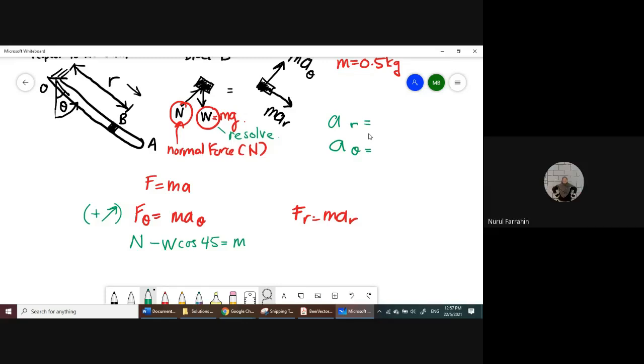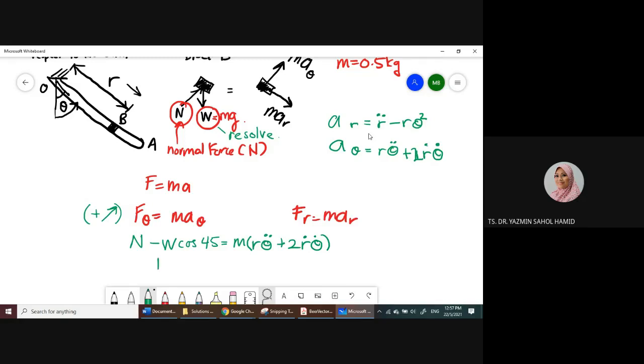Ar is r double dot minus r theta dot squared, and a theta is r theta double dot plus 2 r dot theta dot. So we need to write our a. Our a theta is r theta double dot plus 2 r dot theta dot.